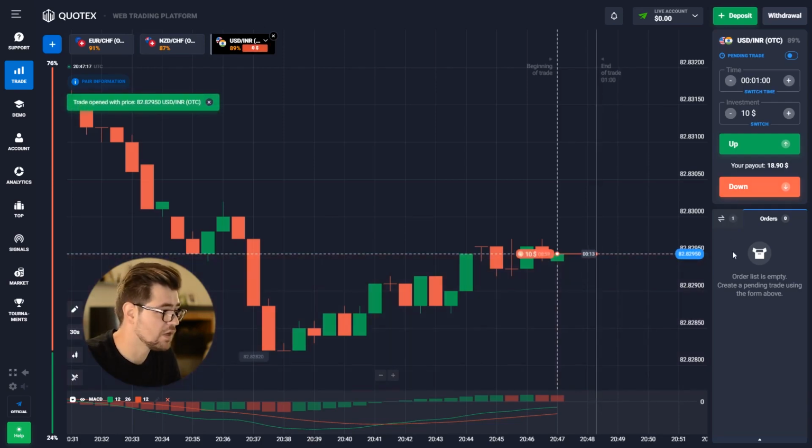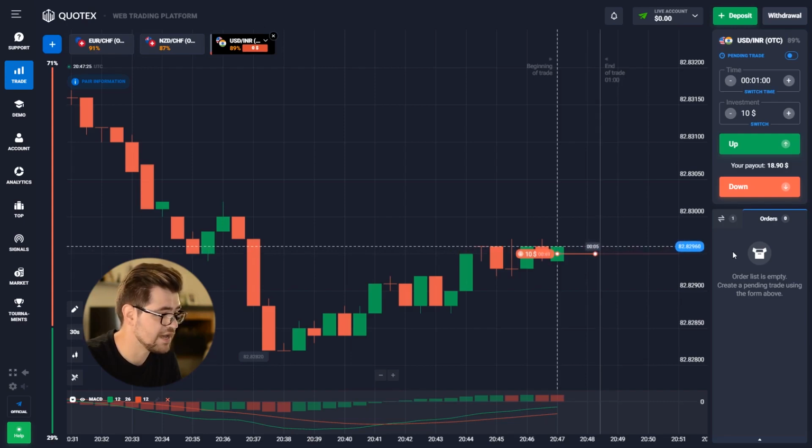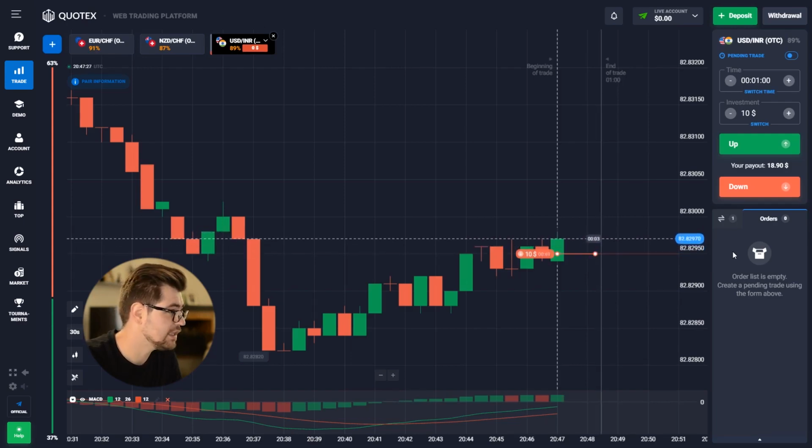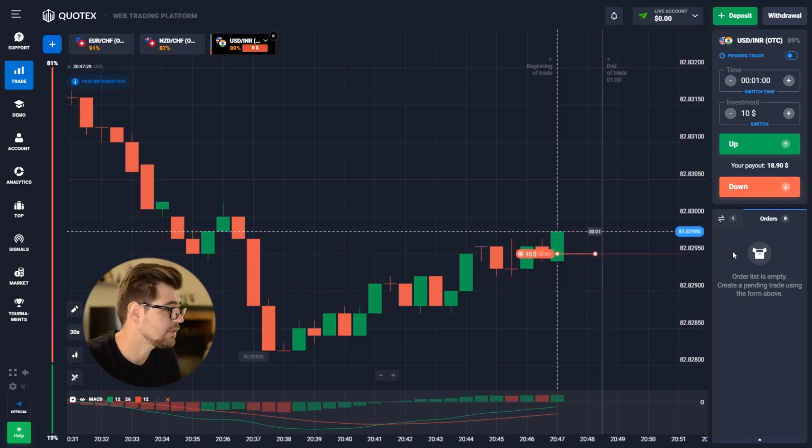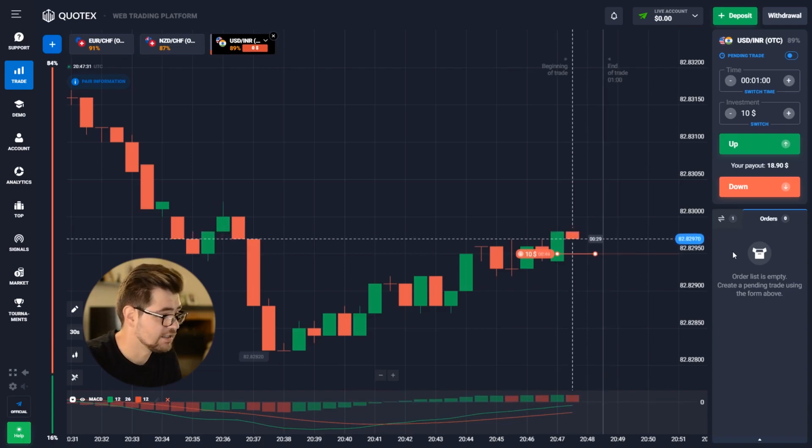So we're gonna go with this put option for now, and the idea here is that we have the MACD indicator.